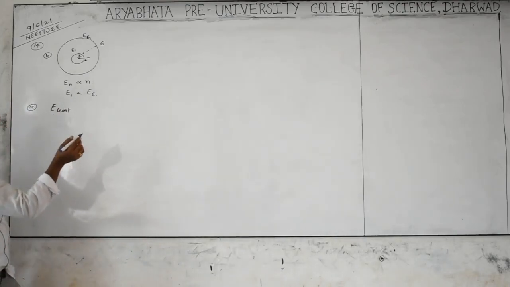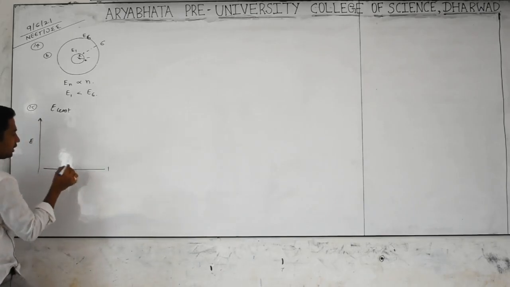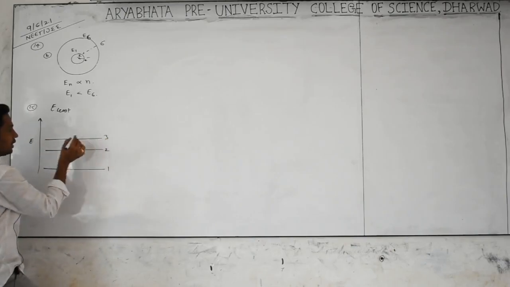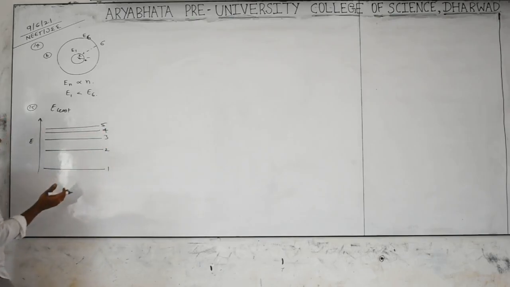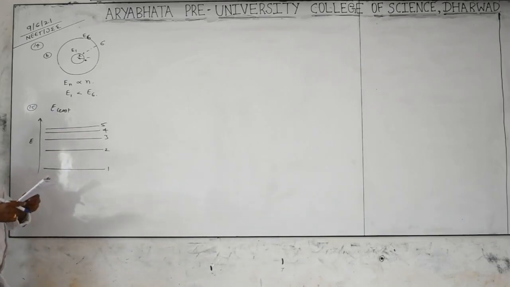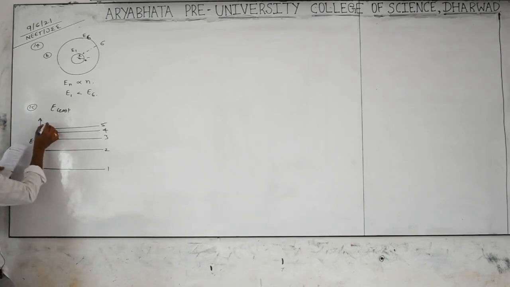Yesterday we already saw this concept. Take the energy in increasing order of the first orbit, second orbit, third orbit, like that fourth orbit and fifth orbit. As we go away from the nucleus, energy will be increasing, but the energy gap between them will be decreasing. But he told least energy will be possible for 6 to 1?